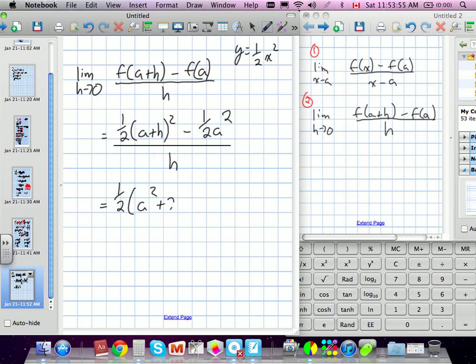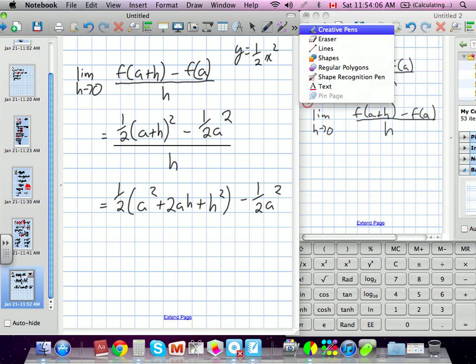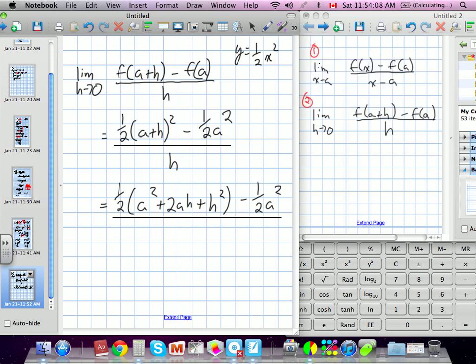Subtract 1 over 2 a squared, everything divided by h. Okay, I'm going to distribute the half. So I get 1/2 a squared plus ah, because 2 times a half is 1, plus 1/2 h squared, minus a half a squared, divided by h.